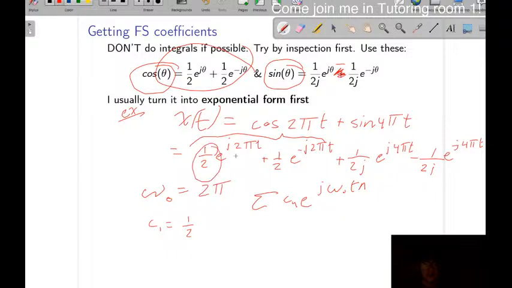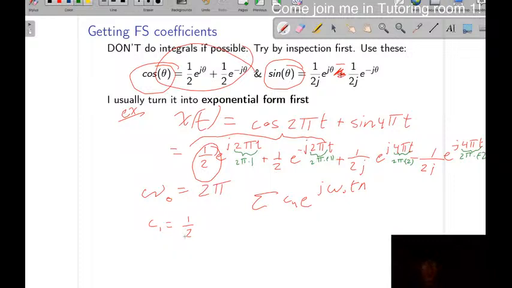This is the coefficient in front of this 2 pi times 1. Let me write it here. So 2 pi times 1. This one is 2 pi times negative 1. This one is 2 pi times 2. And then this one was 2 pi times negative 2.